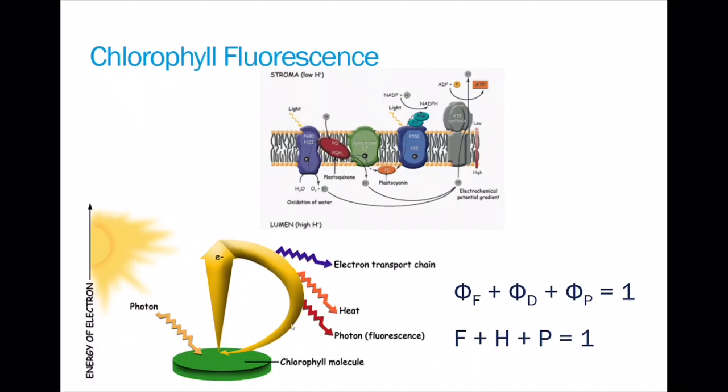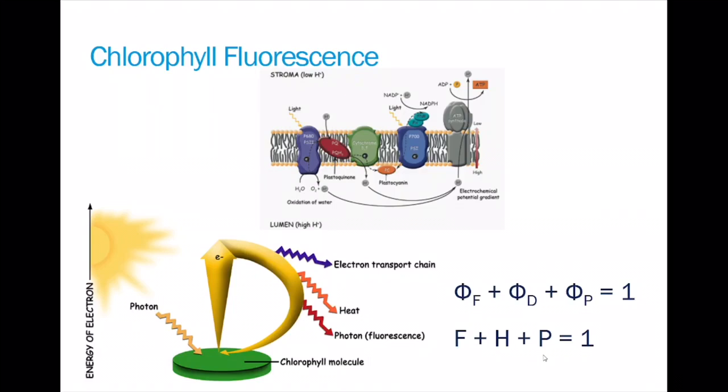Because the excitation needs to take one of these pathways, we can develop an expression where we look at the proportion of energy going to these three processes. For simplification, we can drop the phi's and just talk about F as fluorescence, H as heat, and P as photochemistry.